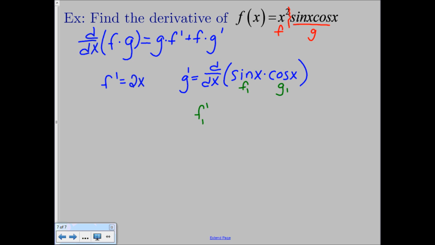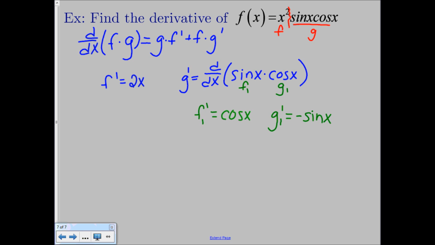So the derivative of f1, sine of x, well, the derivative of sine is cosine, and then the derivative of g1 is the derivative of cosine, which we know to be negative sine of x. Okay.